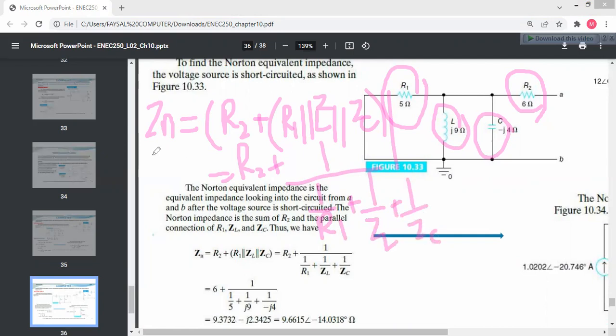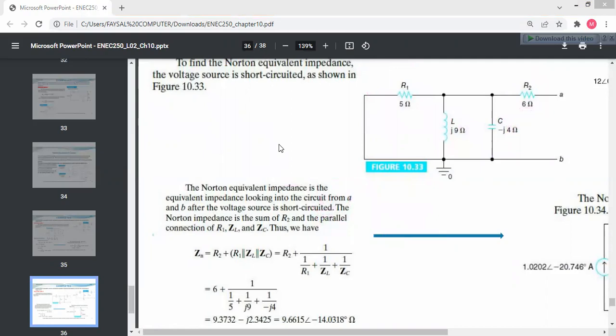This is the generic form to find the Norton equivalent impedance for a given system. You just have to put the values of R1, ZL, ZC and R2 to find the value of ZN. Okay, moving towards the next one.